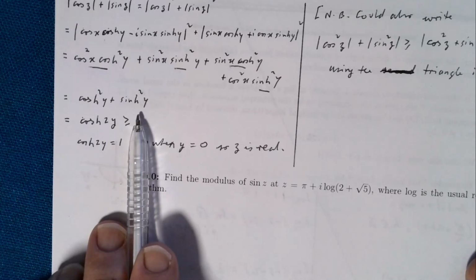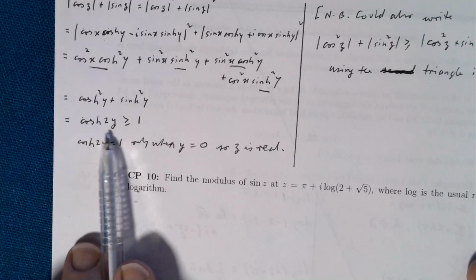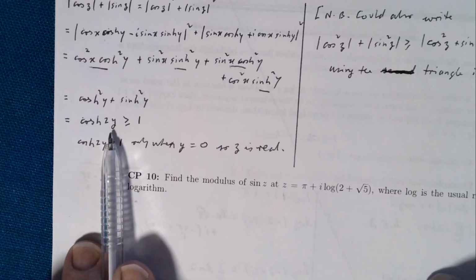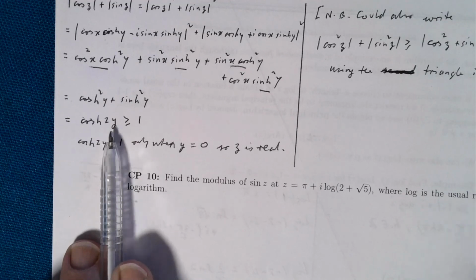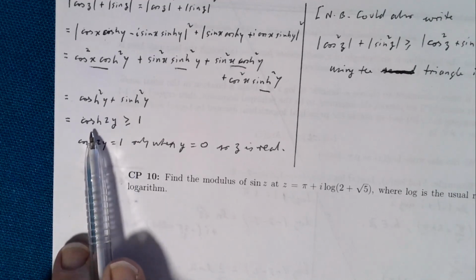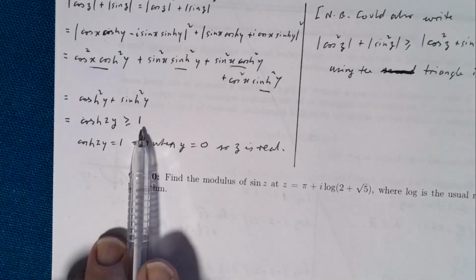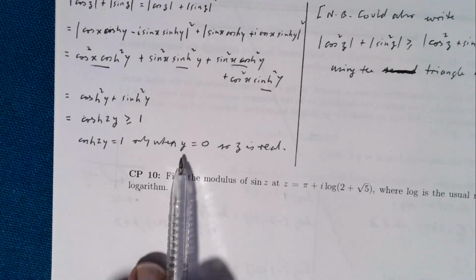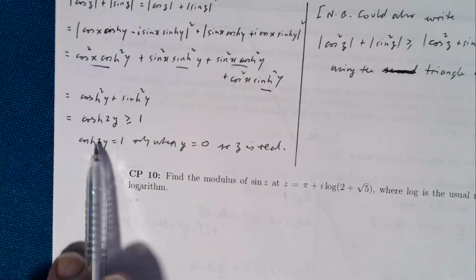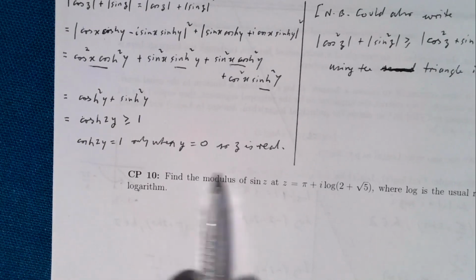I leave you to check that cosh squared y plus sinh squared y is cosh 2y, which is a result you saw when you did hyperbolic functions. This is the double angle formula, if you will, for hyperbolics. And cosh is always bigger than or equal to 1. And indeed, cosh y equals 1 only when the variable here is 0, and that's when y is 0. And if y is 0, then z, of course, is real.